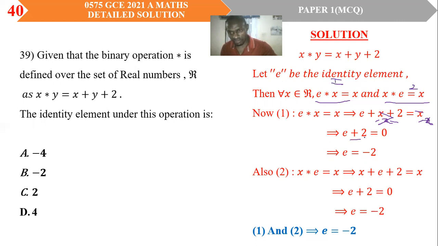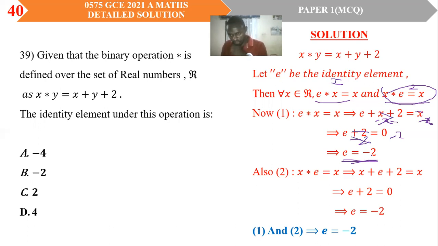Now, subtracting 2 on both sides, E is equal to 0 minus 2, which is -2. That is the answer for E for 1. If we solve 2 and have the same answer, -2, then it means that -2 is the identity element.